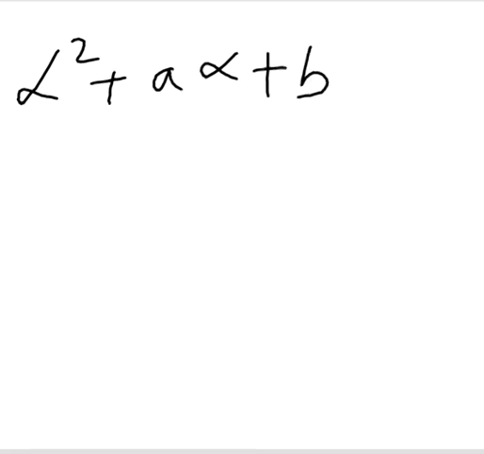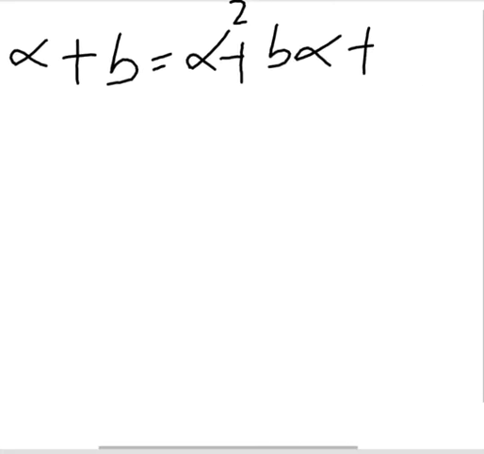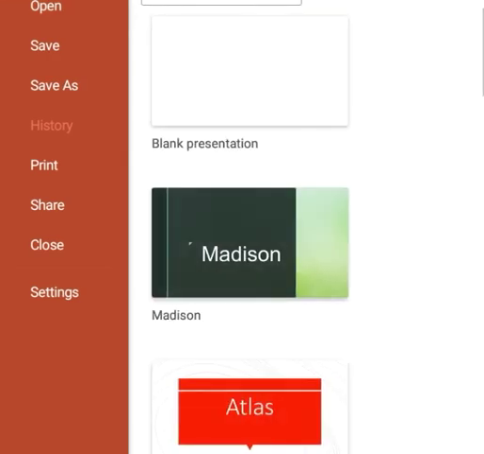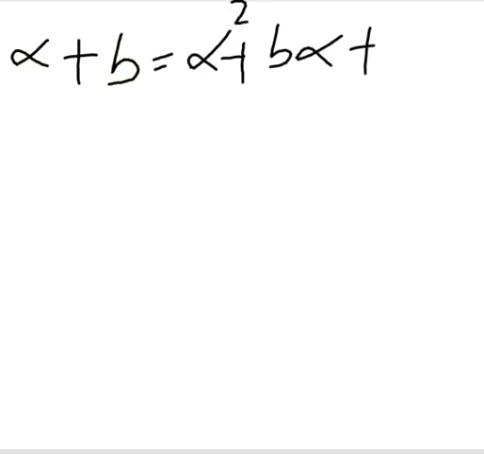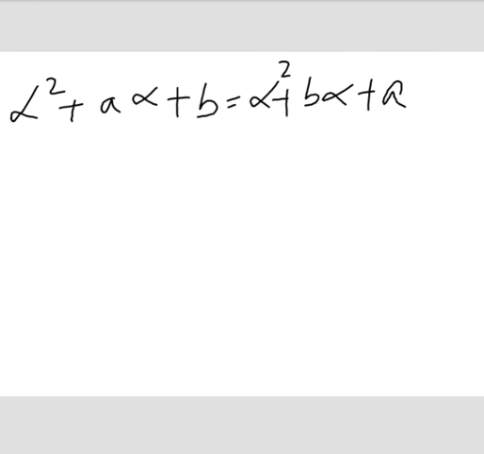So alpha square plus a alpha plus b is equal to alpha square plus b alpha plus a. So when you equate these two, what happens? If I move this to RHS, it will become minus alpha square. Plus alpha square minus alpha square will get cancelled.